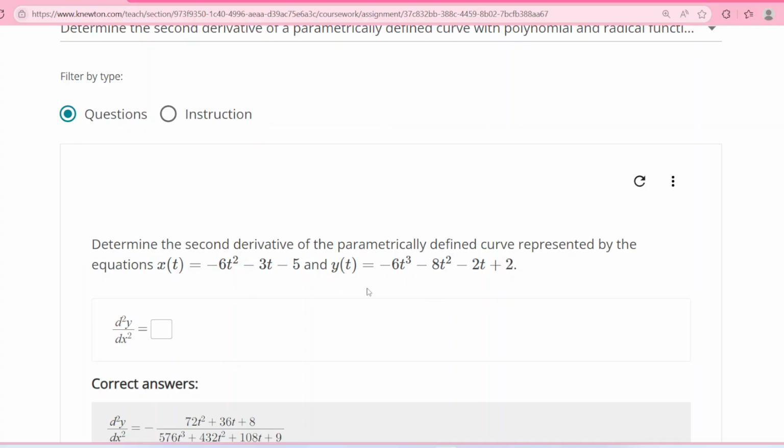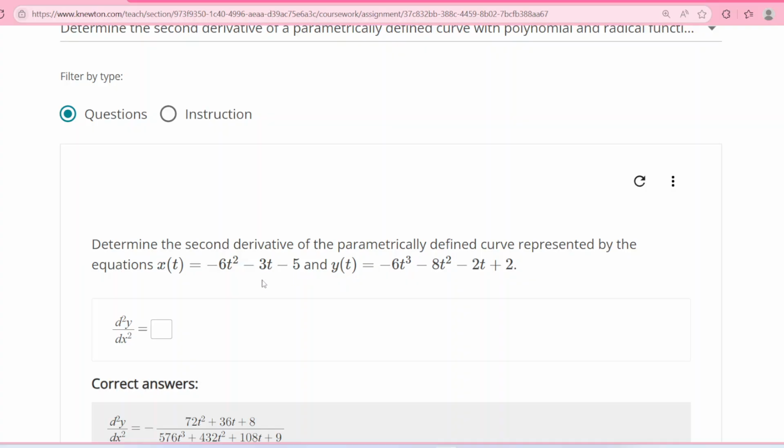Okay, so again, the parametric equations, the x and y coordinate of some point on the xy plane depend on this parameter t. And as you change the value of t, you'll trace out more and more points, more and more xy coordinates, and trace out some curve.